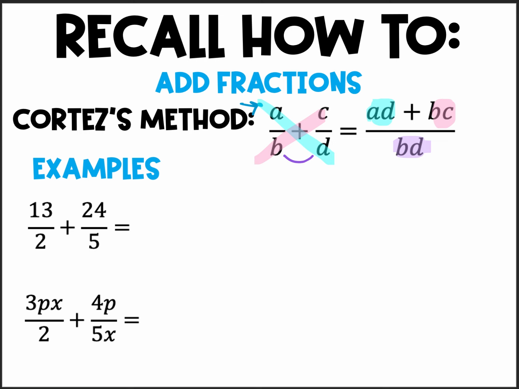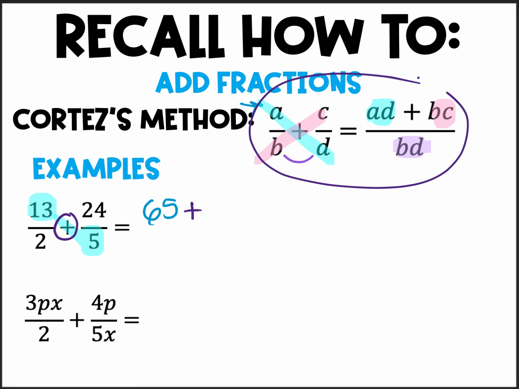Let's try it to add 13 over 2 plus 24 over 5. I cross multiply starting with my numerator. 13 times 5 is 65. I keep my sign, plus. This method only works for addition and subtraction.